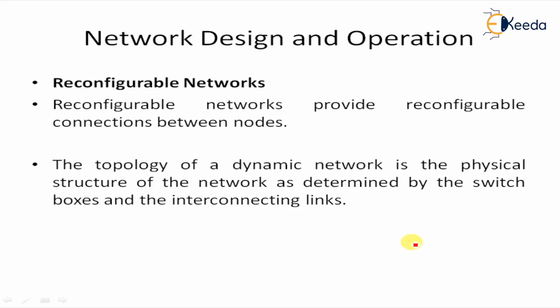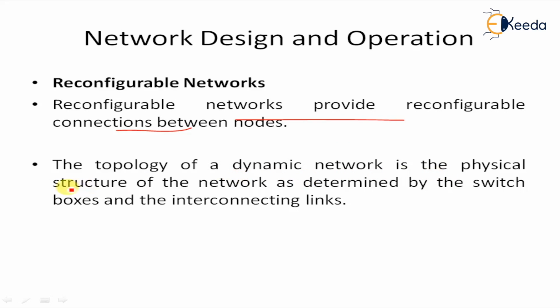So in the next case, reconfigurable networks. They provide reconfigurable connections between the nodes. They can change the connection in these particular switch boxes. The topology of the dynamic network is sometimes known as a dynamic network.